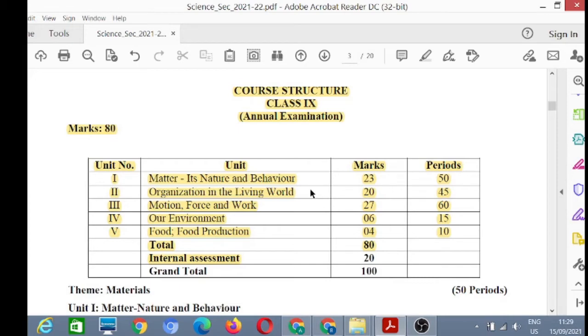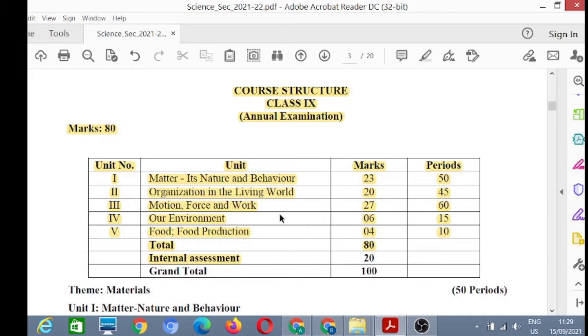Second is organization in the living world. 20 marks have been allocated to this unit and this unit belongs to biology. Third unit is motion, force and work. 27 marks have been allocated to this unit and this unit belongs to physics.